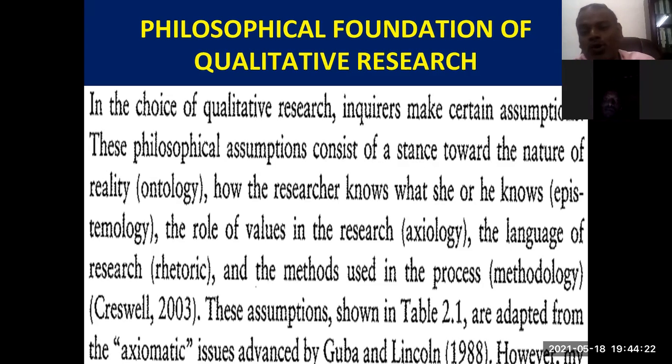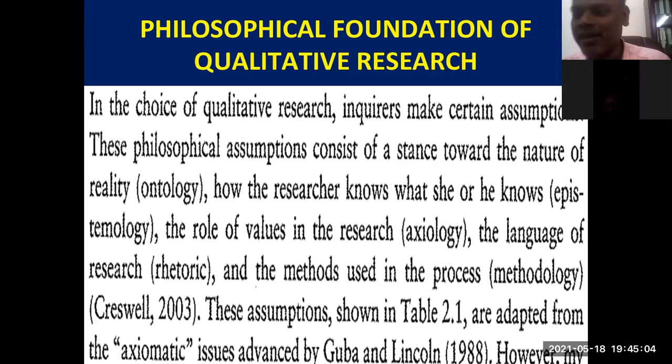Then how the researcher knows what she or he knows is called epistemology. As a researcher, you have a different perspective. There is a nature of reality, that is ontology, but whether the researcher comes from a poor background, rich background, or culturally different background will impact how different people see the same thing from different perspectives. That is called epistemology.